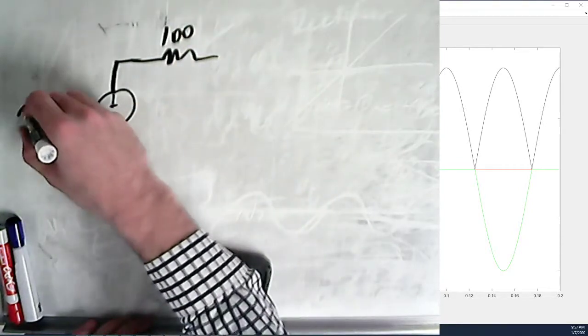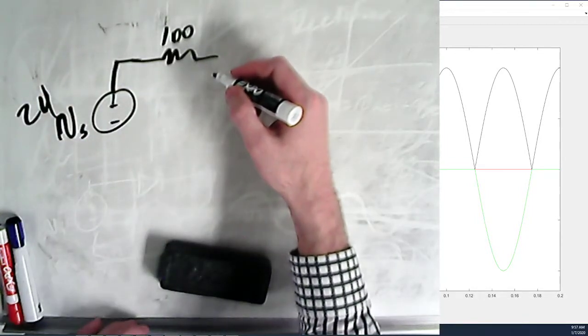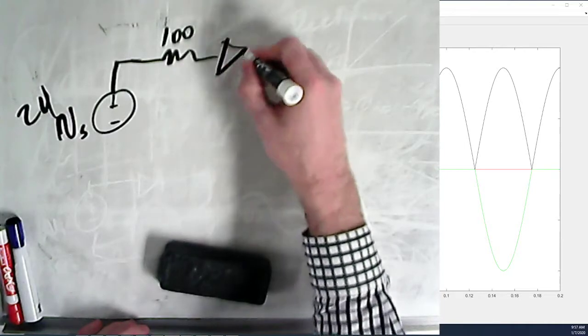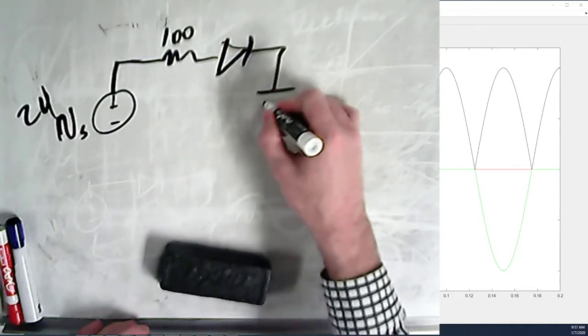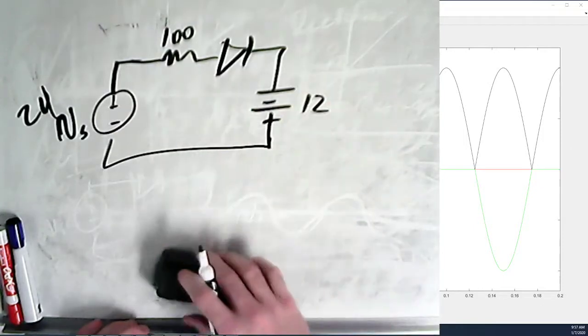This is 24 volt AC, 24 volt peak value. We have a diode here, it's an ideal diode. And then they put a DC source over here of 12 volts.